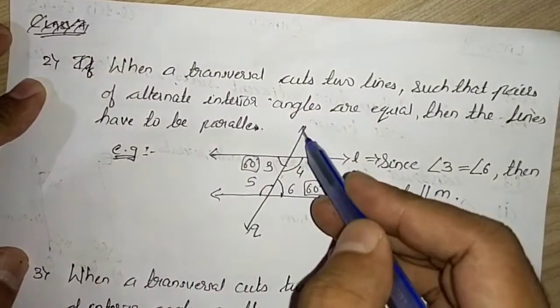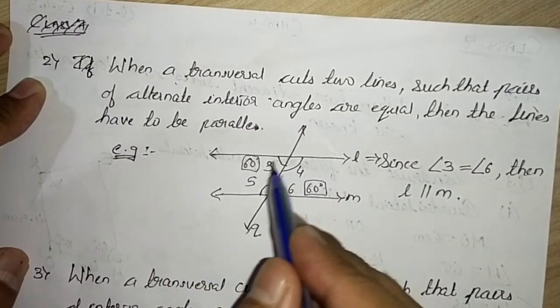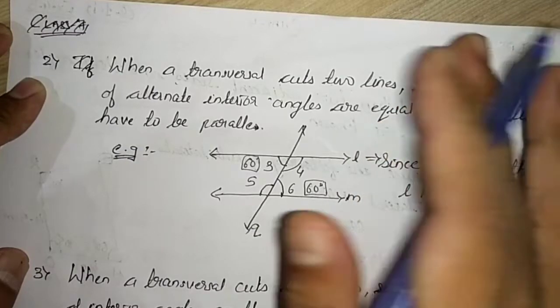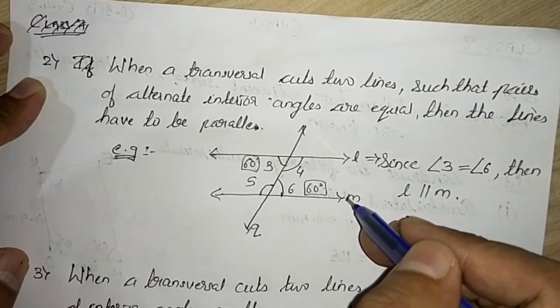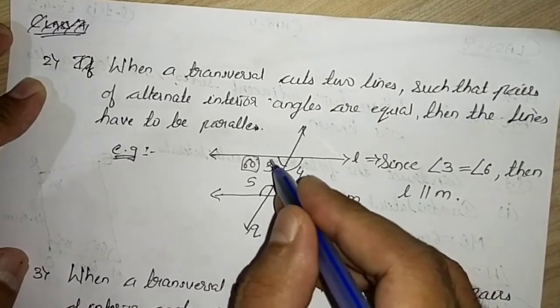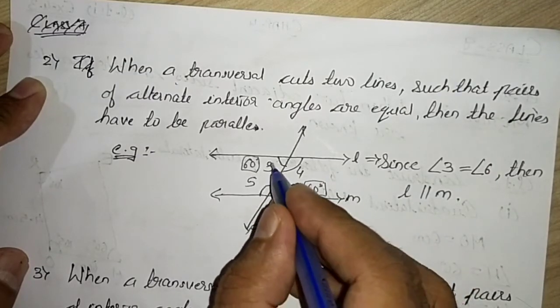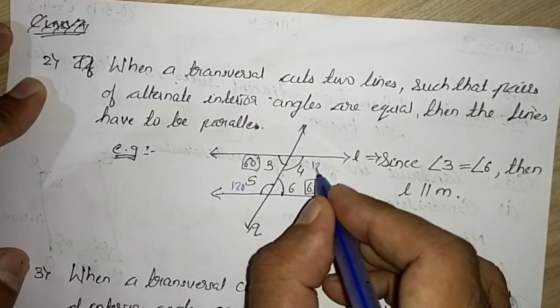When a transversal cuts two lines, which are parallel or not we don't know, but if it makes the alternate interior angles equal, this is 60, this is 60. Let us say this is 120 and this is 120.